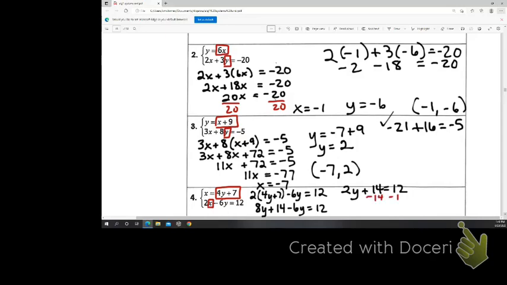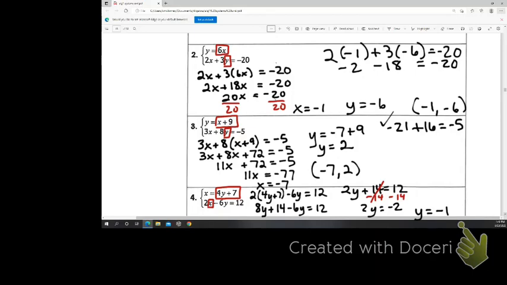Then we can take away the 14 and divide by 2. So then we get y is negative 1.